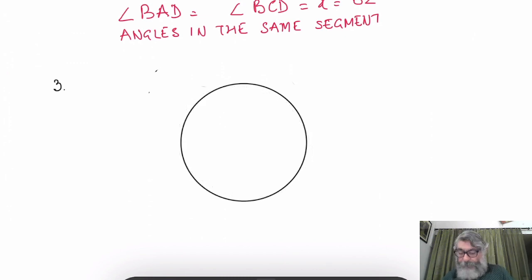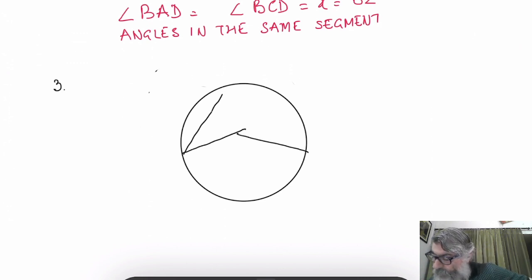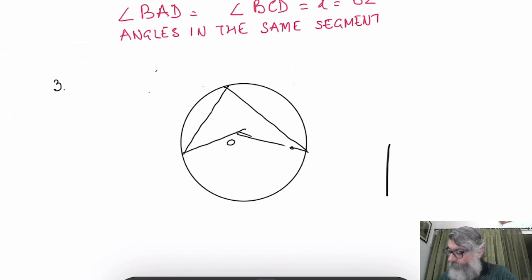We have got this as a circle, and I think he has given something like this. Center is here. And what has he given?